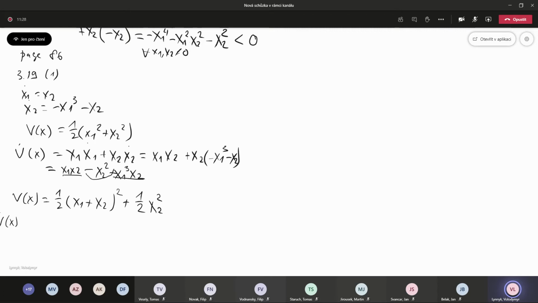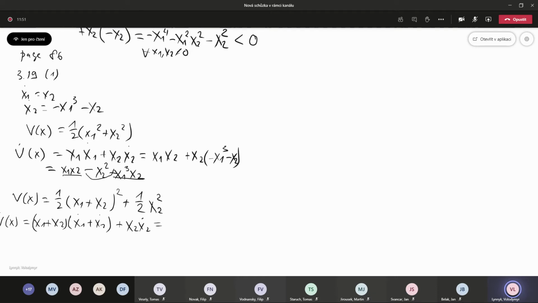Then V dot of x equals (x1 plus x2) times (x1 dot plus x2 dot).